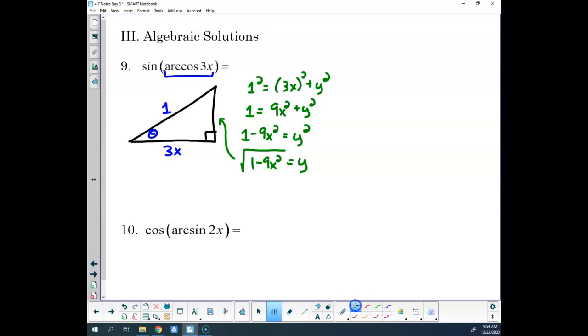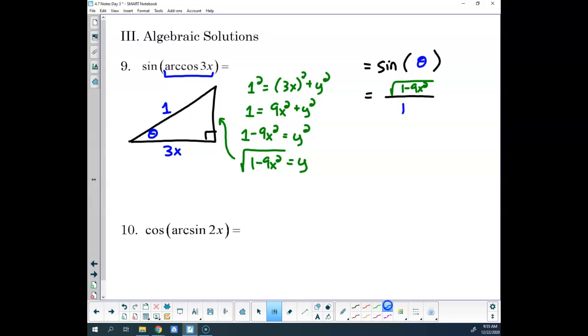So I'm really looking here for the sine of my theta, and the sine of my theta is going to be the opposite side, the square root of 1 minus 9x squared, over the hypotenuse, which is just 1.